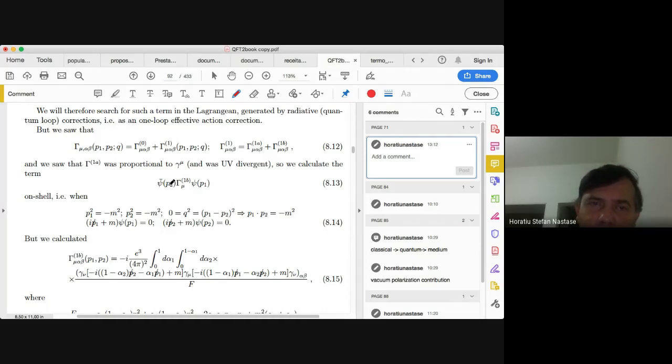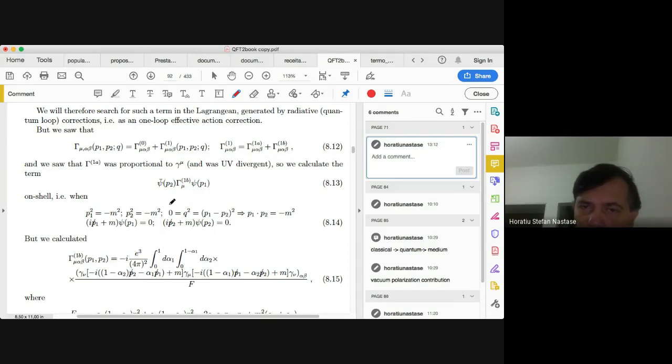But let's calculate it on shell. That is to say, when both the momenta P1 and P2 of the fermion and antifermion are on shell, and the momentum of the gauge field A mu, that is P1 minus P2, is also on shell. So (P1 minus P2) squared is Q squared.